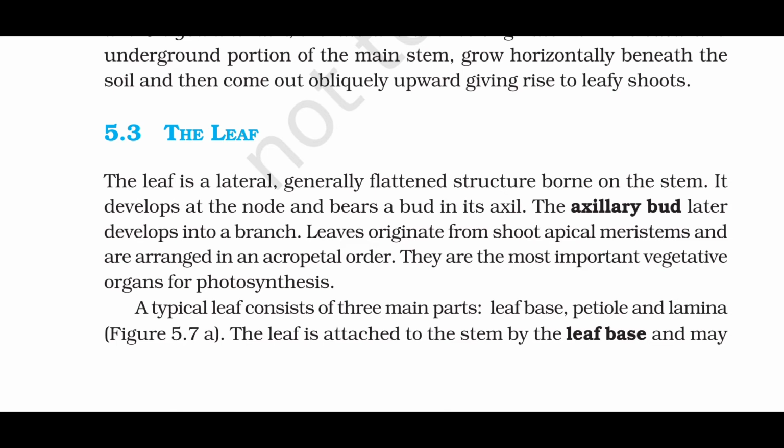Here they are describing the structure of the leaf. They are generally flattened, borne on the stem. They develop at the nodes and bear a bud in the axil, and the axillary bud later develops into a branch. That means a small axillary bud later develops into a new branch.